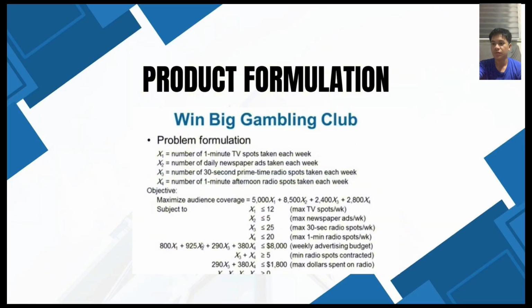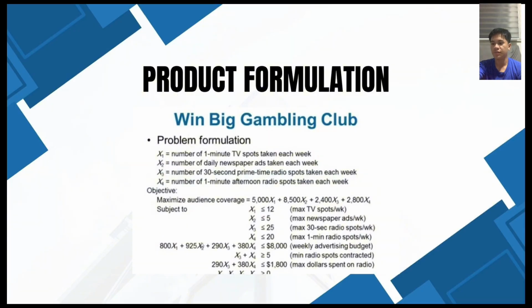Then x sub 2 is less than or equal to 5, which is the max newspaper ads per week. Then x sub 3 is less than or equal to 25, the max 30-second radio spots per week. Then x sub 4 is less than or equal to 20, the max 1 minute radio spots per week.